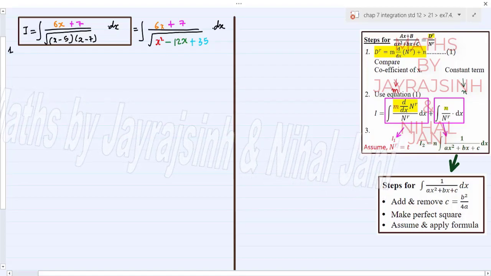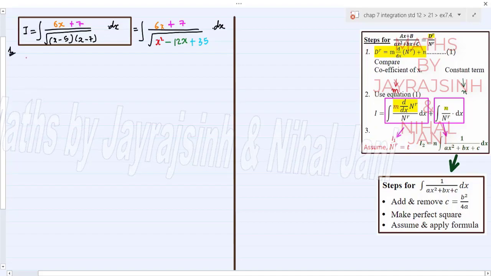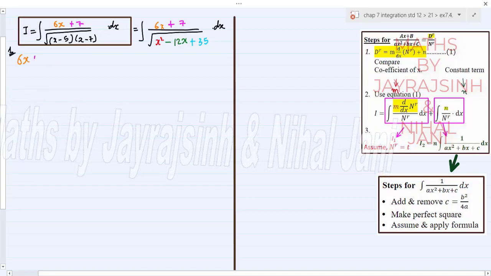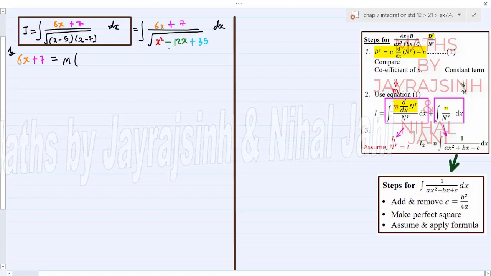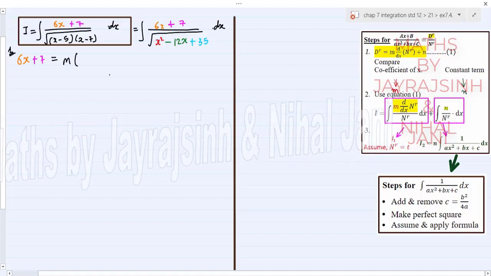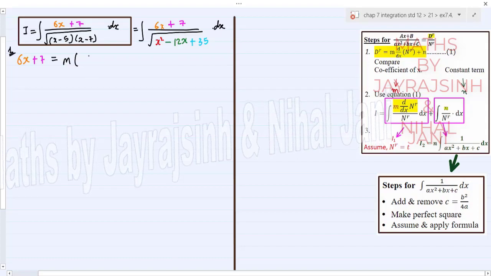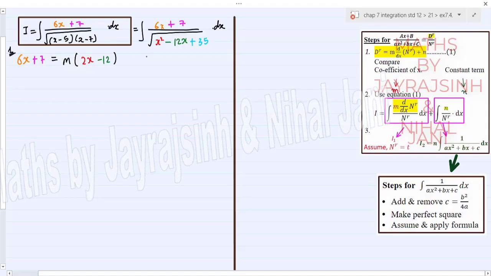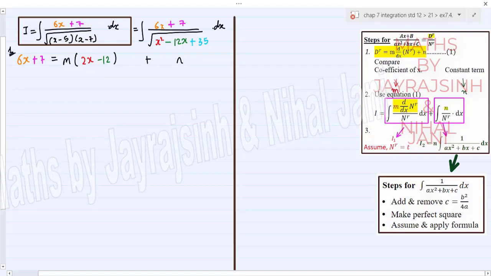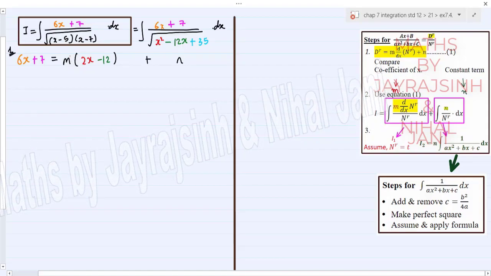Okay, now let's take first step, in which we have to assume 6x plus 7 is equal to m into differentiation of your denominator, which is 2x minus 12 plus n.